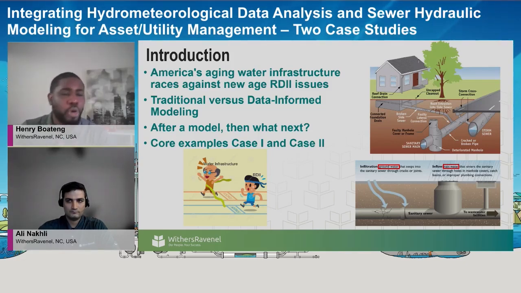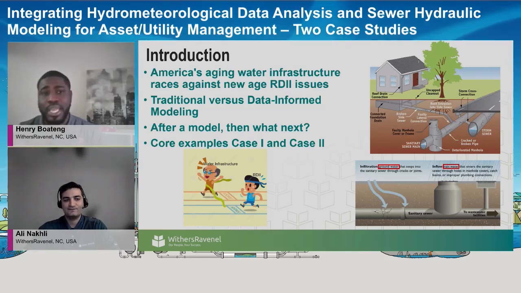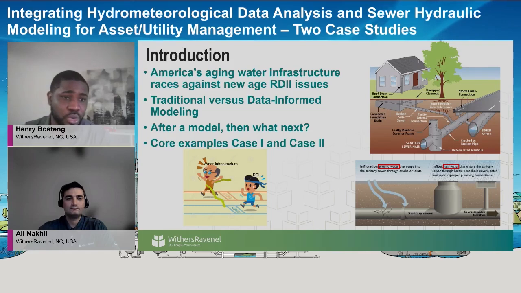But we should move more towards data-informed modeling, where we can incorporate things like the usual flow monitoring data, assessing past events to see how they affect our system going forward, and also involving hydrometeorological information. So rainfall in particular, because we may debate climate change as a phenomenon. However, the climate is different today as compared to what it was a few years ago.